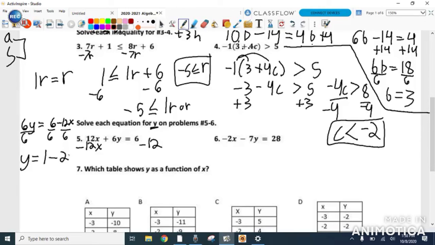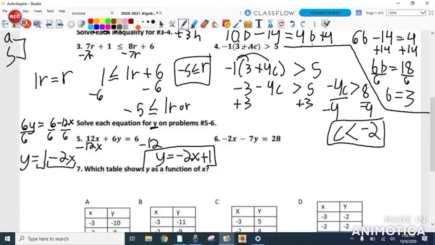Now what I have to do is flip my 1 and my negative 2x. So I will get y equals negative 2x. This one was positive, so it will be plus 1. Here is my answer for number 5.